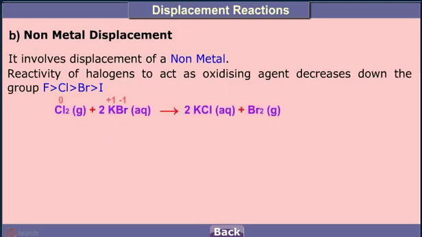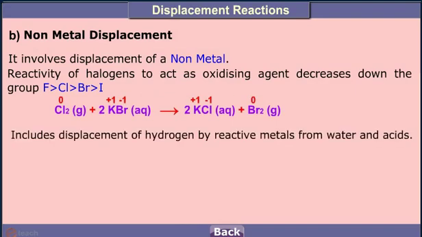Cl2 gas and 2KBr aqueous gives 2KCl aqueous and Br2 gas. It includes displacement of hydrogen by reactive metals from water and acids.